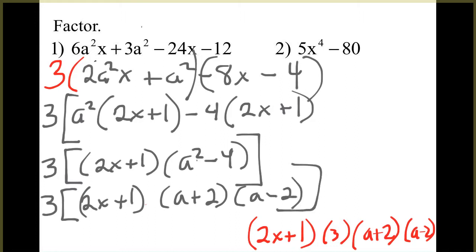So yes, it's the same thing. The bigger problem is, are you going to realize that when you are left with 3a squared minus 12, that that's not fully factored down about here? That's why we pull out our GCF all the way at the beginning.